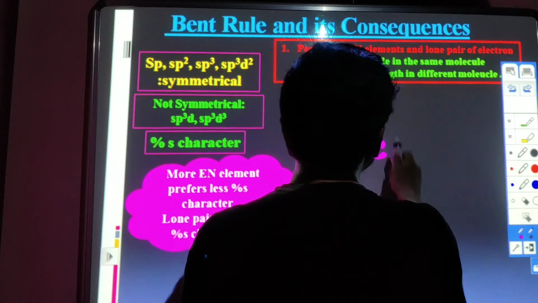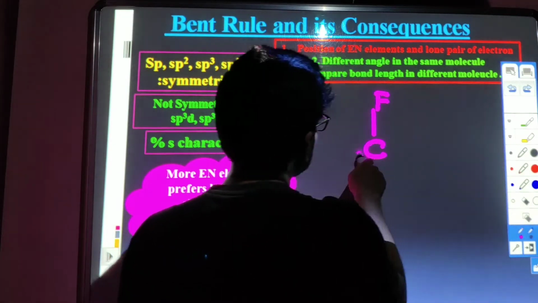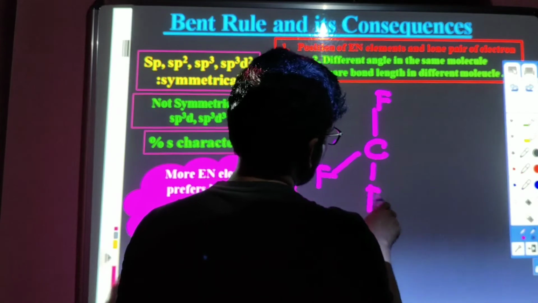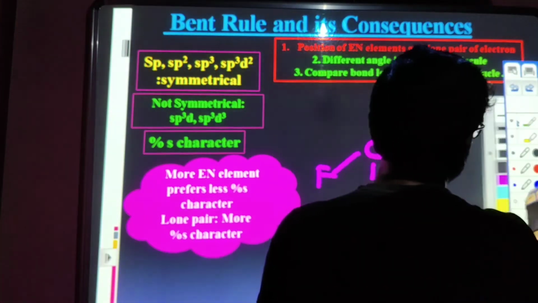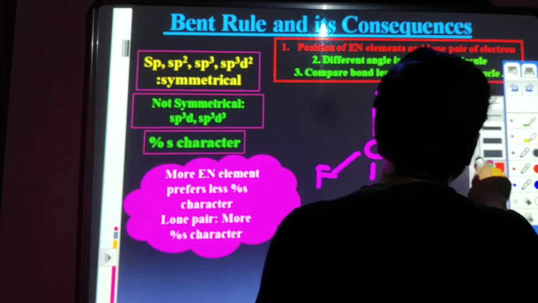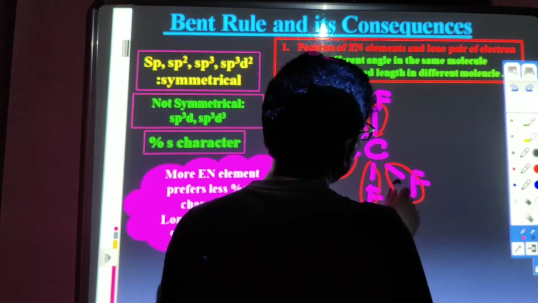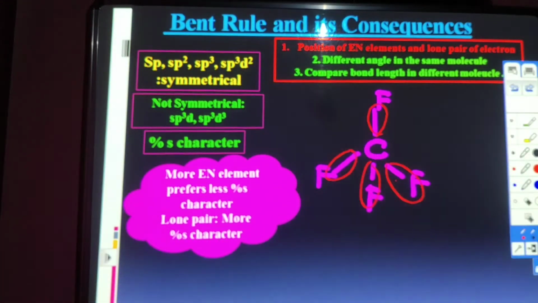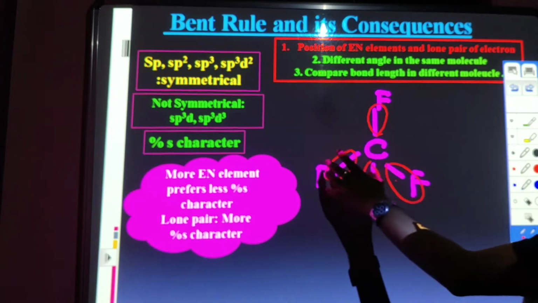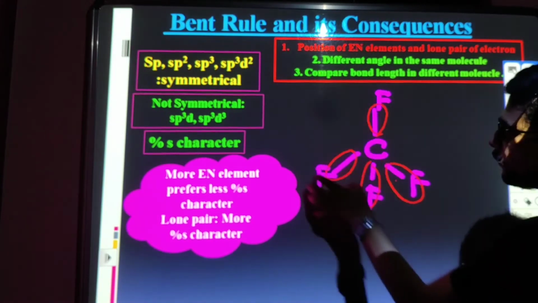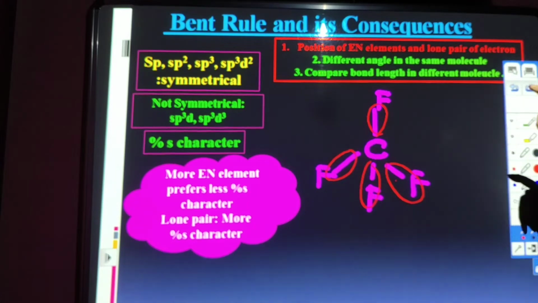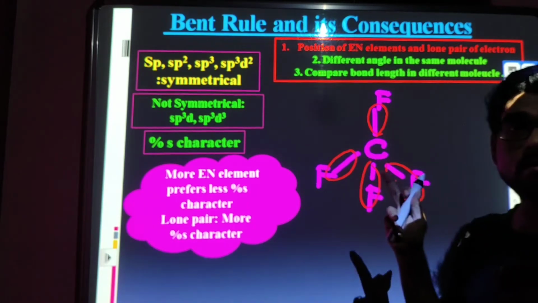Like, say, see, this is F, this is F, this is F, this is F. Now, if I ask you what is the percentage of s character here, all are fluorine atoms. This is a symmetrical structure.